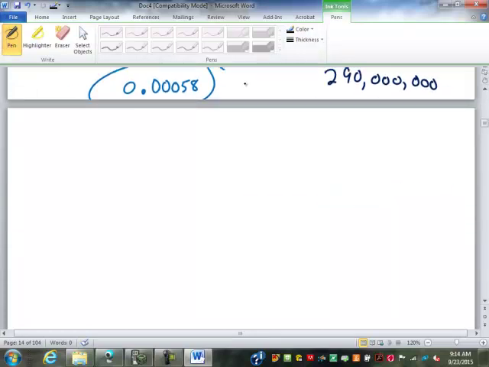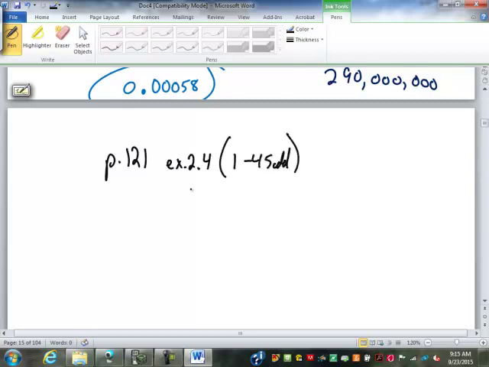Okay, well, in your book, there are several pages that go over this. On page 121, it's exercise 2.4, problems 1 through 45, the odds. On page 125, exercise 2.5, problems 1 through 29, the odds.